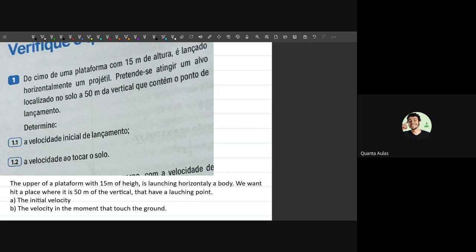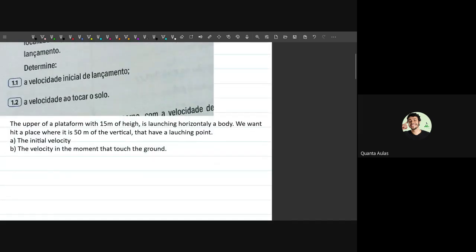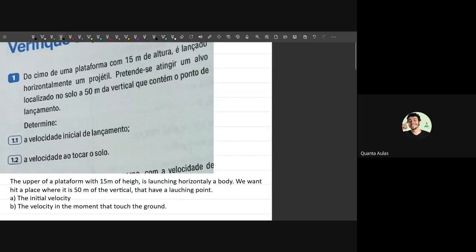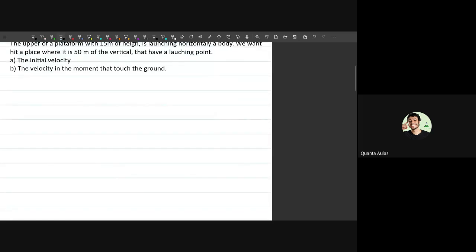Okay. Let me see. I will do this draw. Just a second. We have a platform. It's like a building, for example, because 50 meters is a lot of meters.